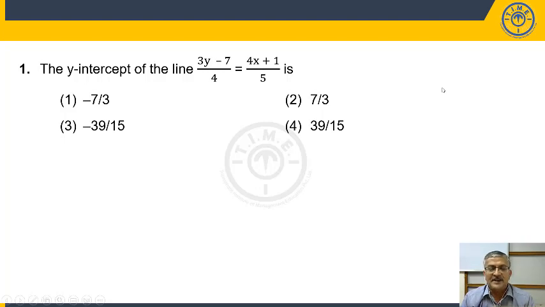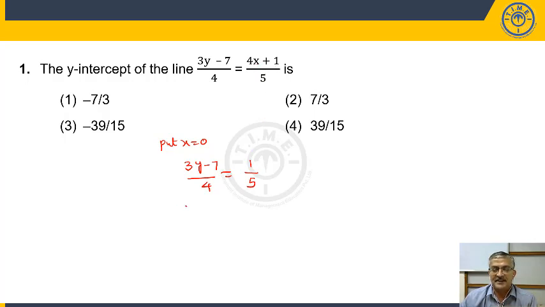See the y-intercept of the line. So to get the y-intercept of any line, for y-intercept we always put x is equal to 0. Put x is equal to 0, we get the y-intercept. So in the equation, put x is equal to 0. అప్పుడు ఏమవుతుందండి ఈక్వేషన్ 3y minus 7/4 is equal to 1/4 because 4 into 0 is 0, 0 plus 1, 1/4.